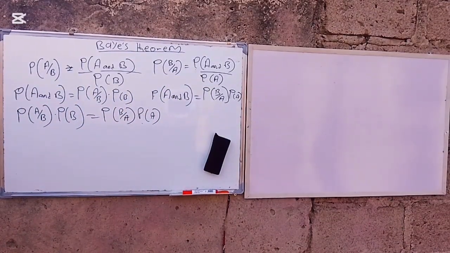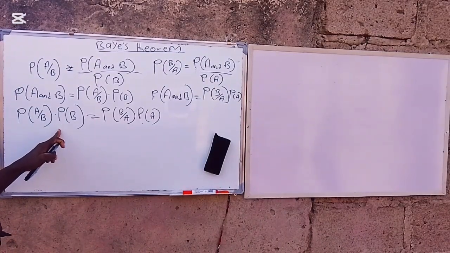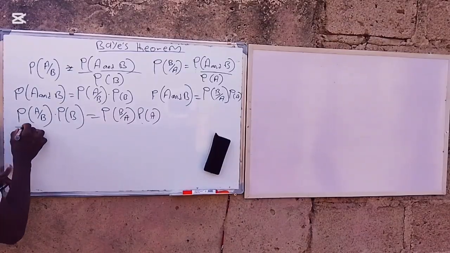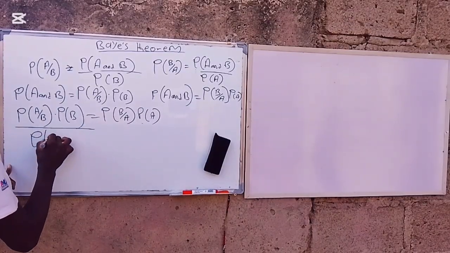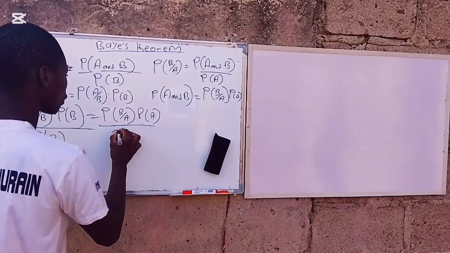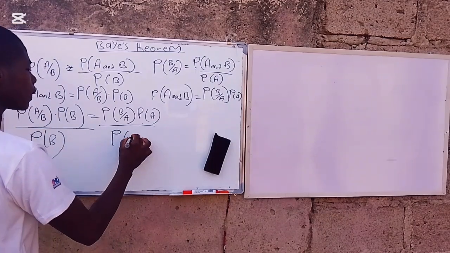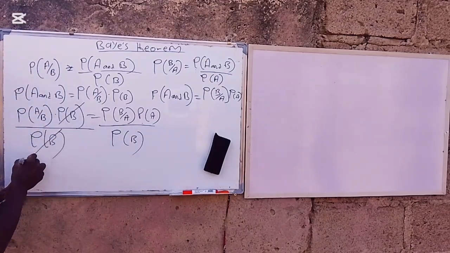So, what will be the next thing that I'm going to do? I have to divide both sides by the probability of B. Divide both sides by the probability of B, and this will cancel with this.